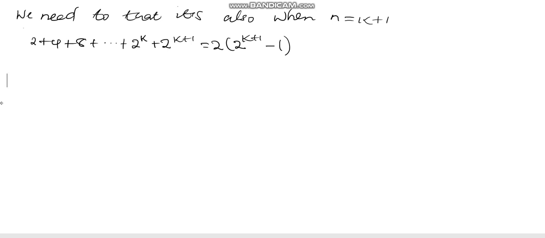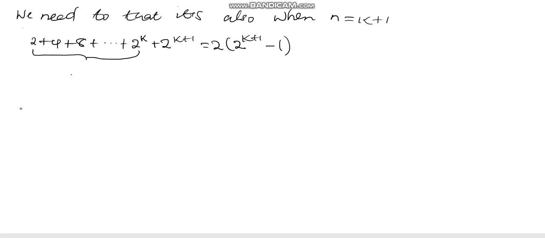So here our goal is to show that the left hand side is equal to the right hand side. When you look at these terms, starting from the first term up to the kth term, you notice that they give you the expression that we got on the inductive hypothesis. So we make a substitution with the expression on the right side of the inductive hypothesis.